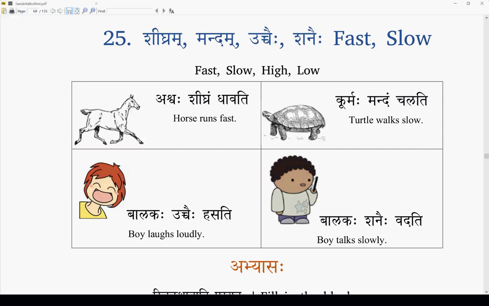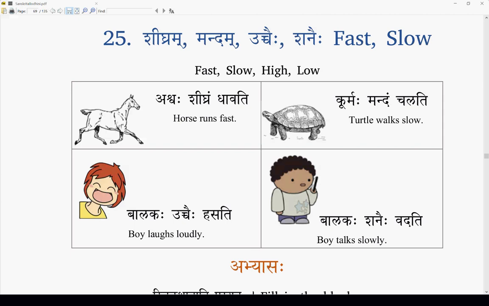So one thing is that Vachanam remains the same, Ekavachanam.